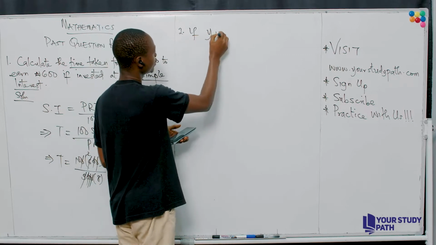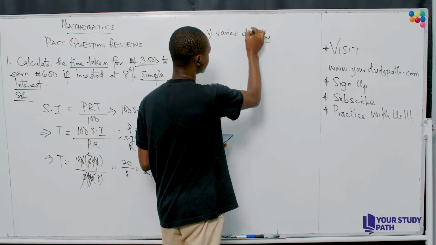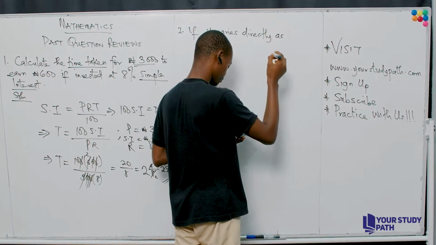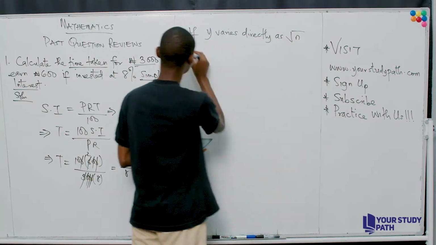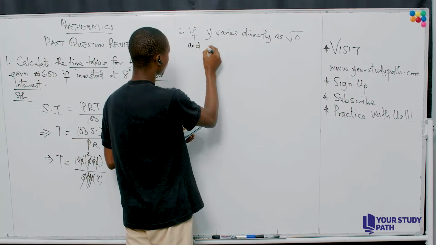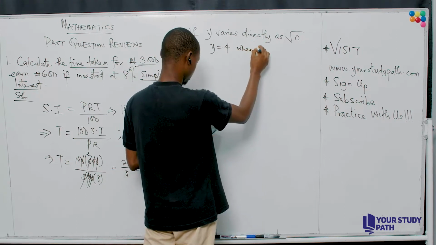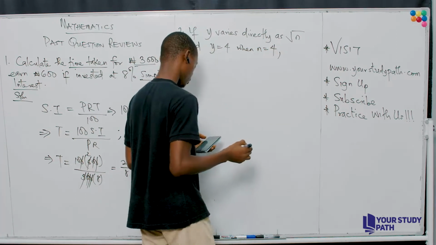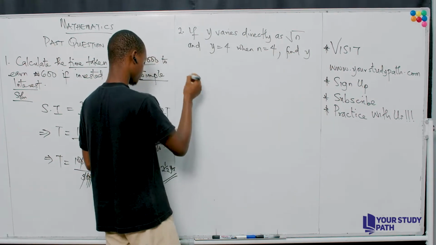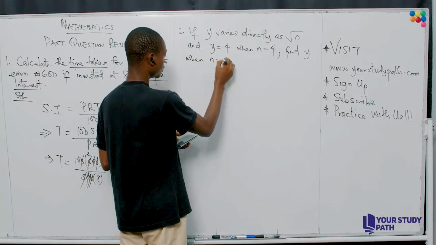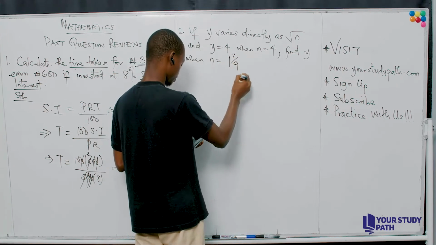If y varies directly as the square root of n, and y is equal to 4 when n is equal to 4, find y when n is equal to 1 whole number 7 over 9.